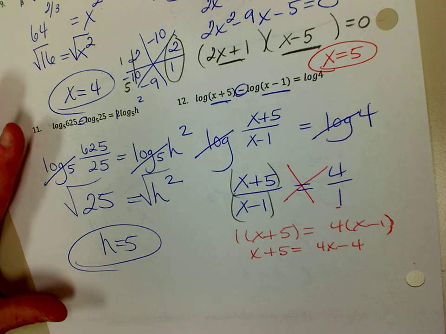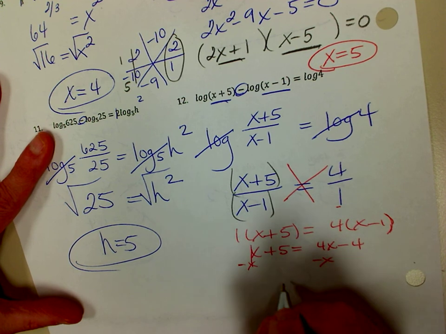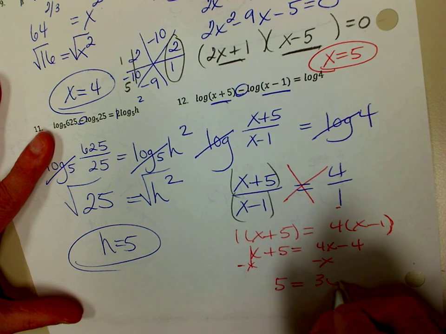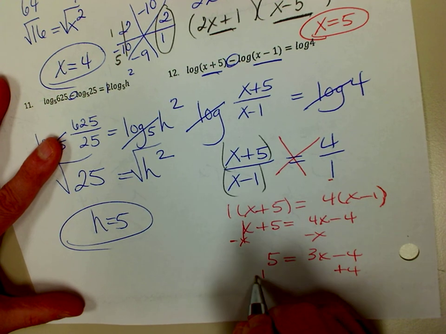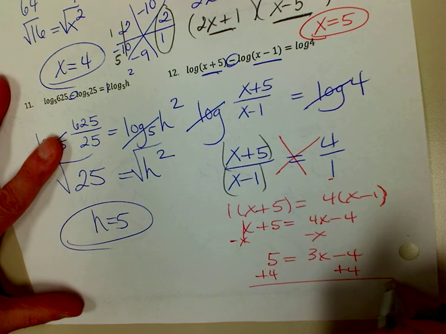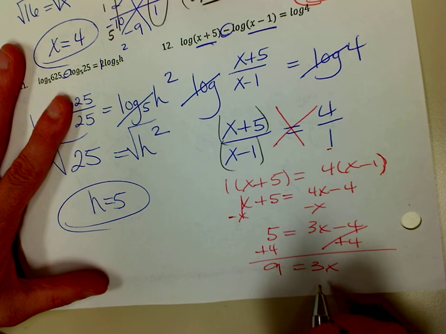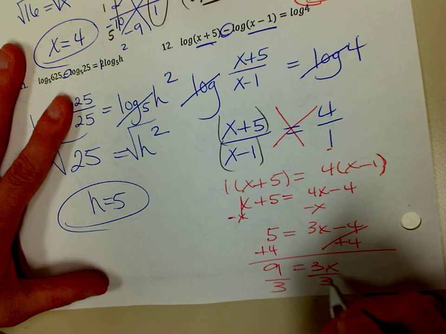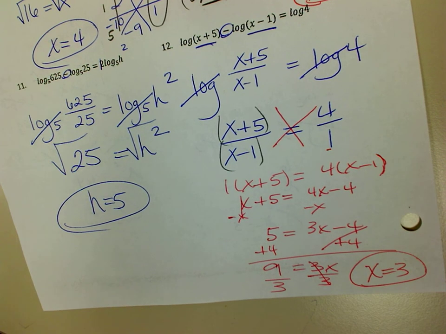And from there I just solve my equation. Move my x over to here. Add my 4 over to here. And then divide by 3. So x is equal to 3. And it's not negative, so that is a good answer to have. So that was again 5, 5.